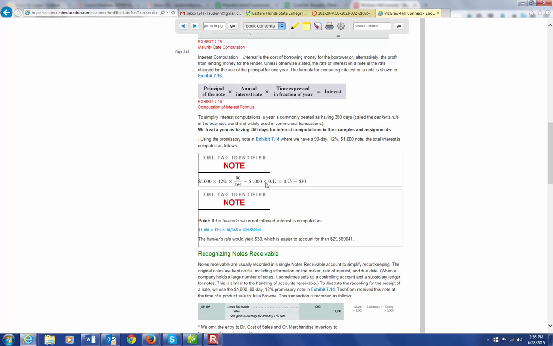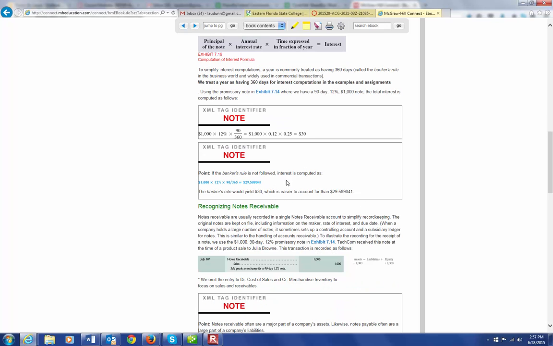So we would get 1,000 times 0.12 for the 12% interest, times 0.25, which is 90 divided by 360. So the amount of interest on this for 90 days is going to be $30. This also explains that if you don't use the banker's rule, then you would figure out the amount of time by taking 90 and dividing by 365, because there's 365 days in a year.